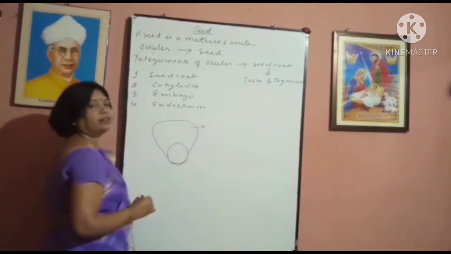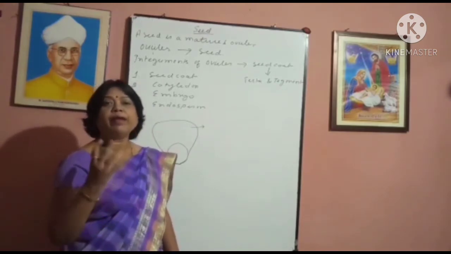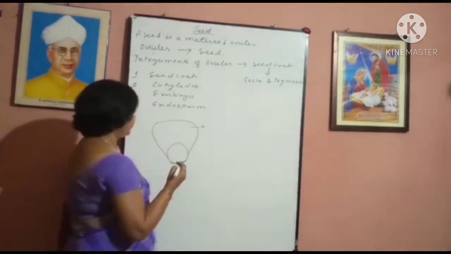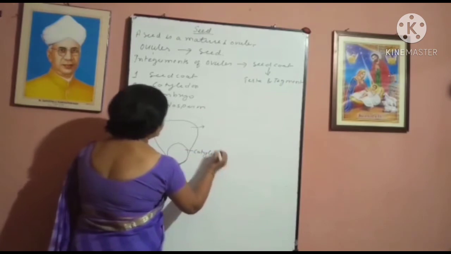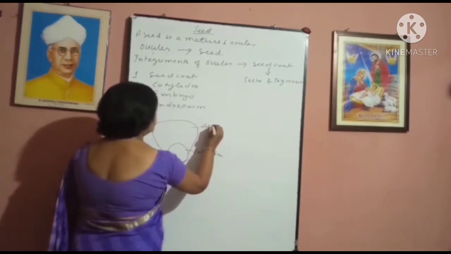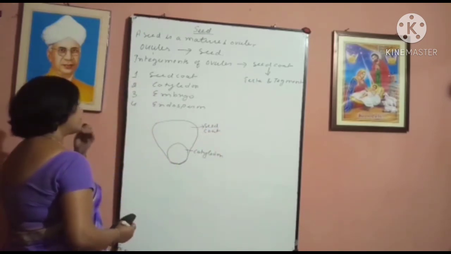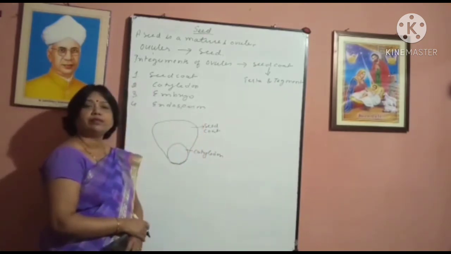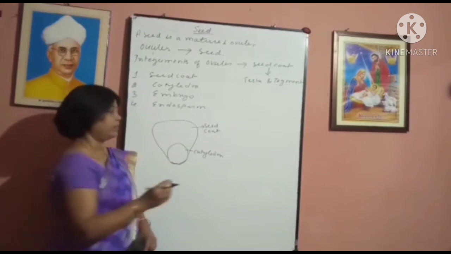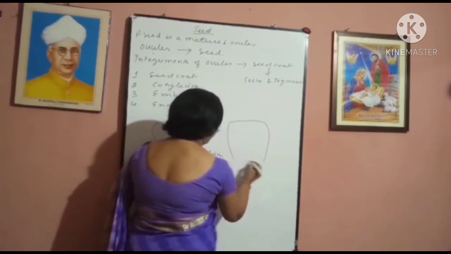In the maize seed, seed coat and fruit wall remain fused together, and this part is the cotyledon. And now when we cut the maize seed in longitudinal section, then we observe the following structure.